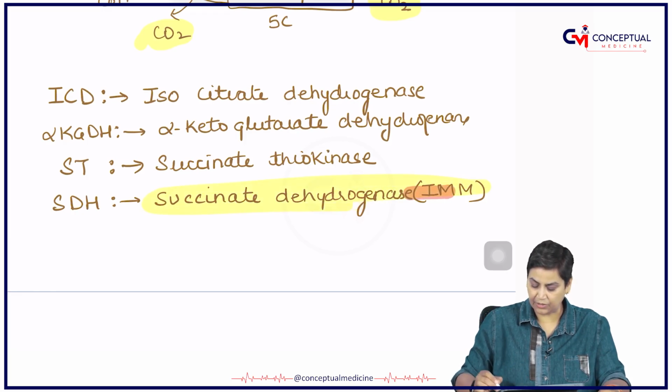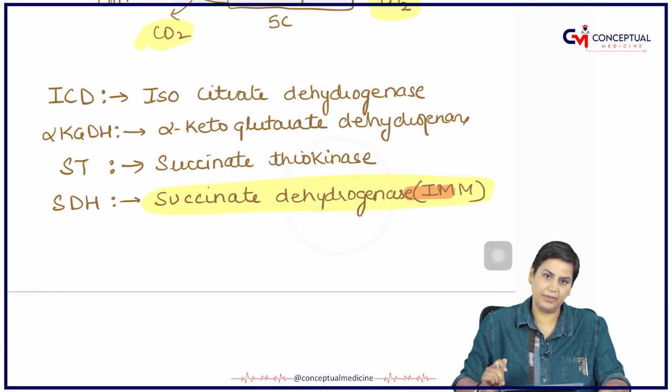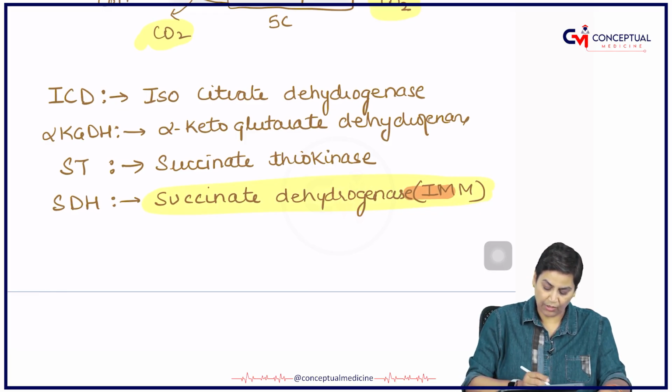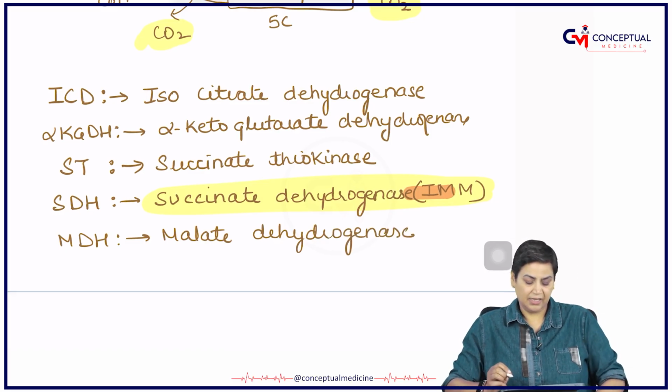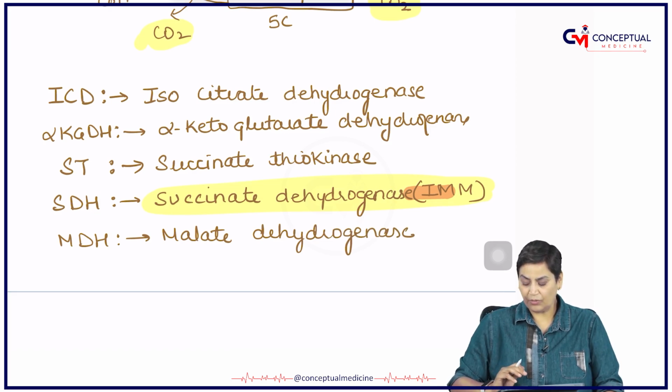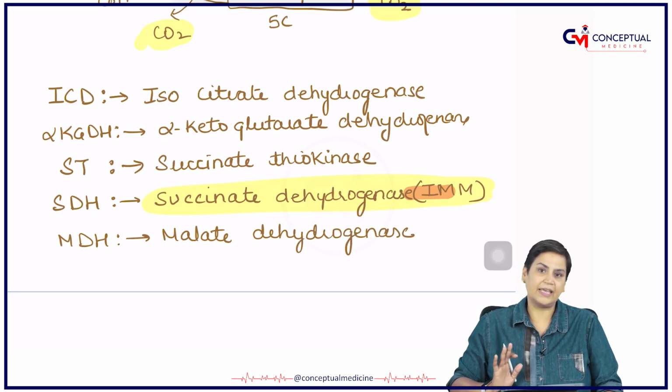Then the other enzyme, fumarase, is clear. Then we come over to MDH, which is malate dehydrogenase. So these are the important enzymes of the entire TCA cycle.